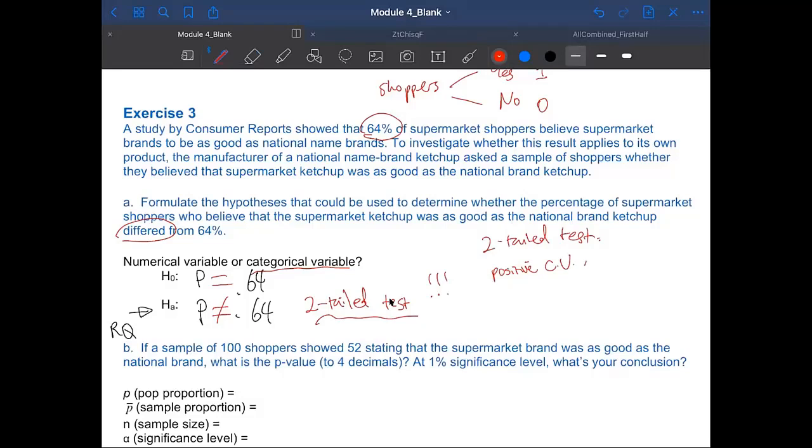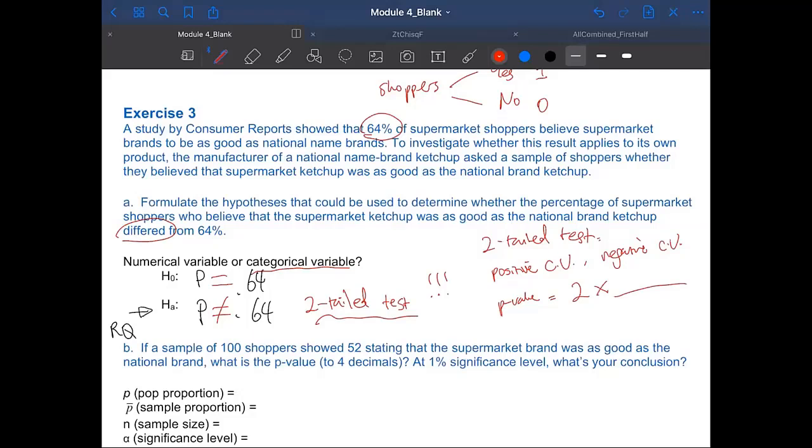You are also going to have a negative critical value. So two different critical values. And when you calculate the p-value, you would have to use 2 multiplied by a probability. So this part is really tricky.